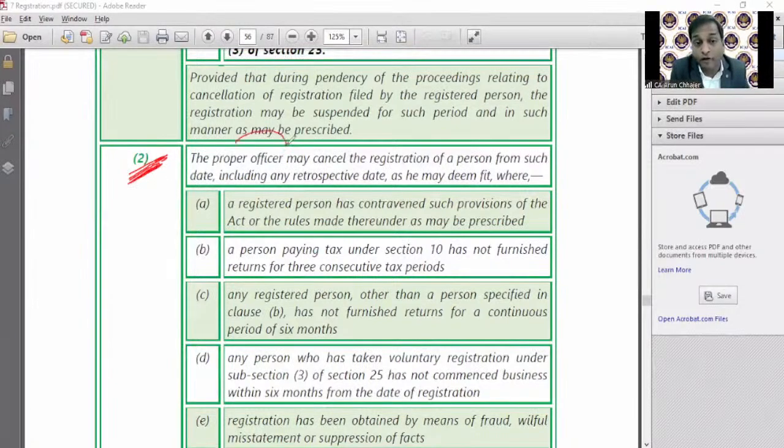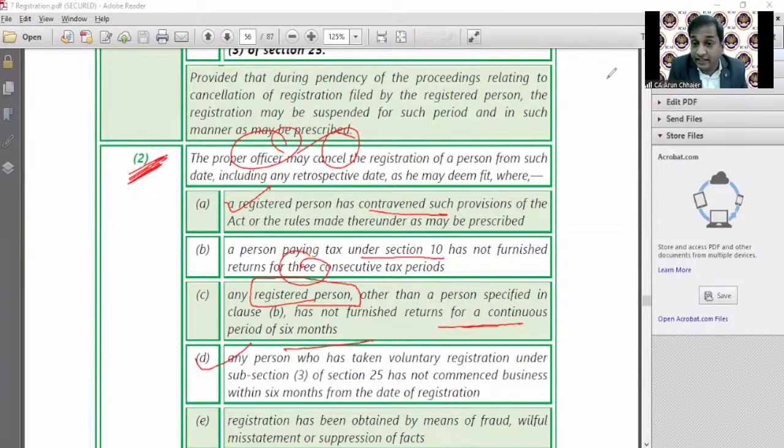Section 29(2), when the proper officer can cancel. Contravene the provision. He has taken the registration under section 10, that is composition levy, and not furnished the return for 3 consecutive tax periods. If I am a regular category registration, not furnished the return for 6 months.